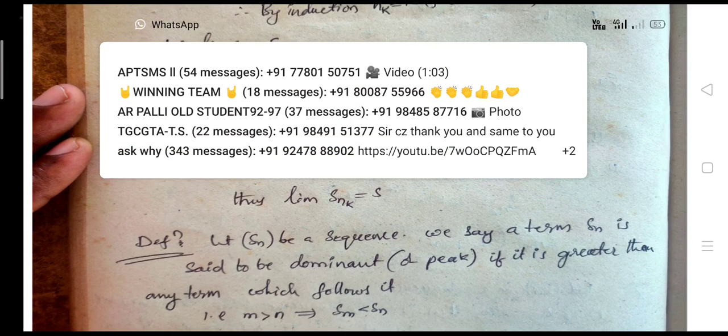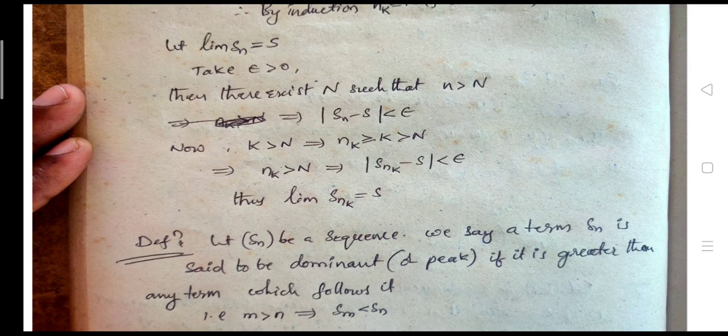Now k greater than N implies n_k is greater than or equal to k, which is greater than N. This implies n_k is greater than N, so modulus of S_{n_k} minus S is less than epsilon. Thus the limit of S_{n_k} also converges to S only. In a similar way, we can take k greater than N and n_k greater than or equal to k greater than N, so n_k greater than capital N implies modulus of S_{n_k} minus S is less than epsilon.